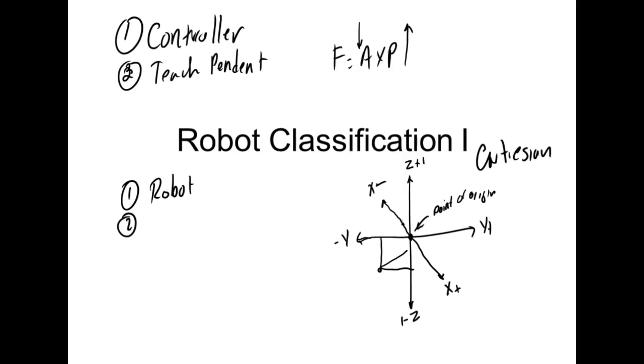This is what we call jogging. What's jogging? Moving motors, manually moving motors. We run the motors, and the motors are connected to an active robot. We use it to program the robot.